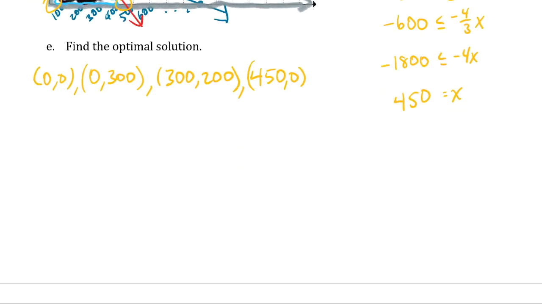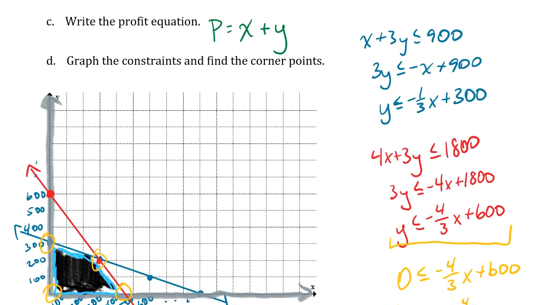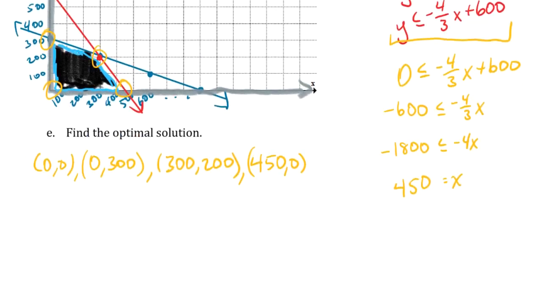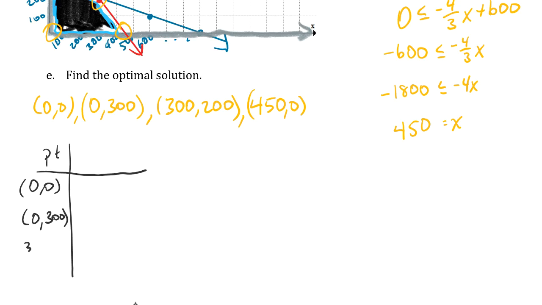So now that we have those, we're going to need to make our chart, and we're going to need our profit equation, which remember, it was just x plus y. Nice and easy. So our points, we have 0, 0, 0, 300, 300, 200, and 450, 0.